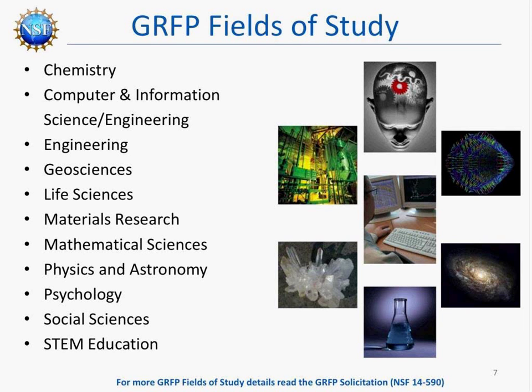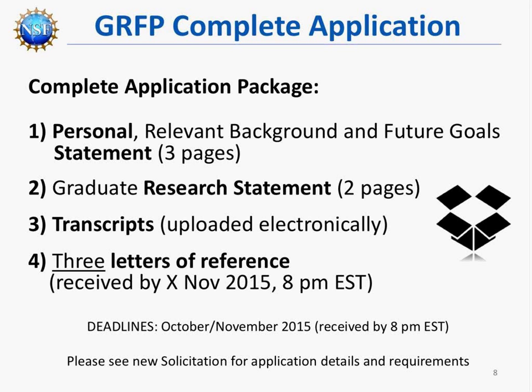Therefore, let me move on so I can talk a little bit about the statements and all the GRFP application components. So there are 4 components for the application package. The personal statement with a 3-page limit, and please embrace those numbers. If you submit a personal statement which is 3 pages plus 1 line or just 1 word, it won't be reviewed.